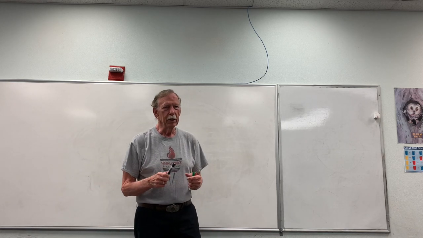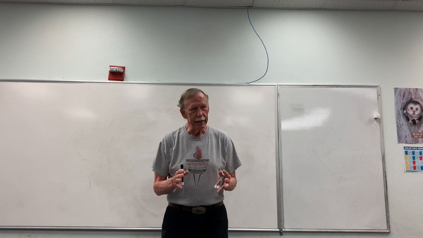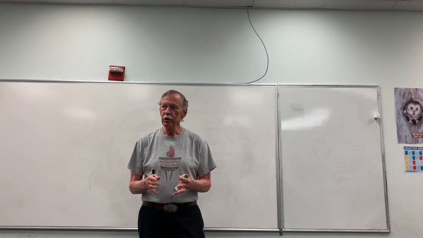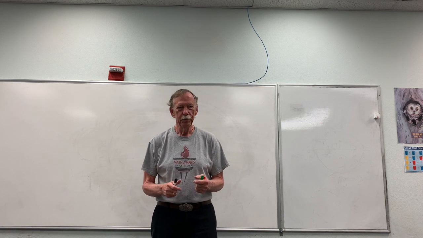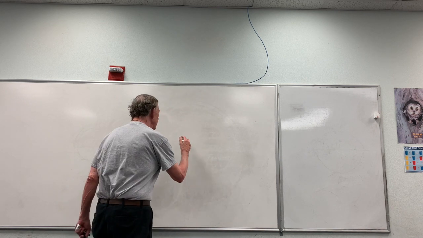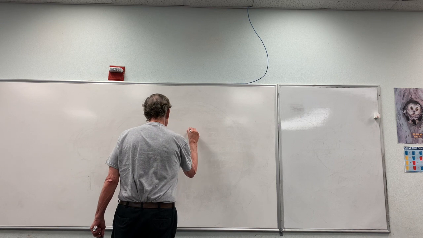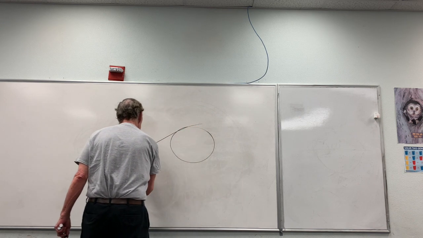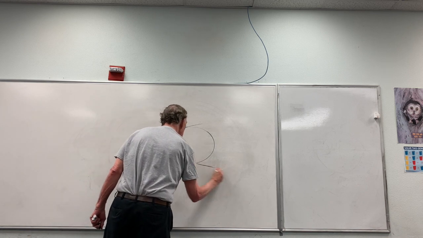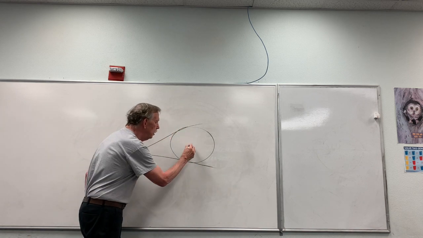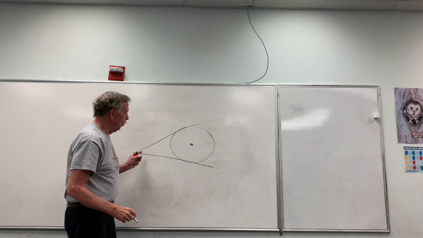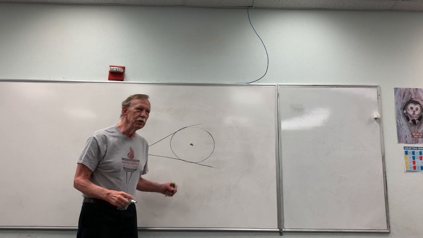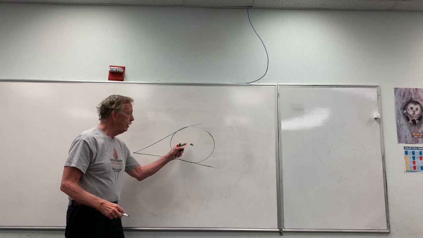Today we're going to learn how to find the length of tangents to a circle. We're going to begin with an easy one. We're going to draw two tangents from this point to this circle.